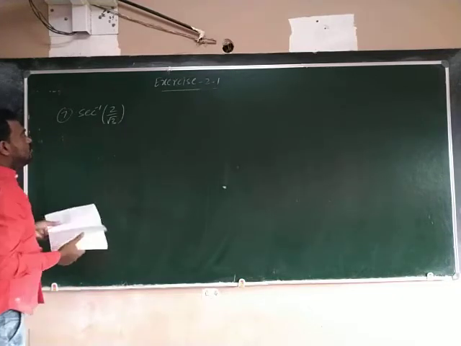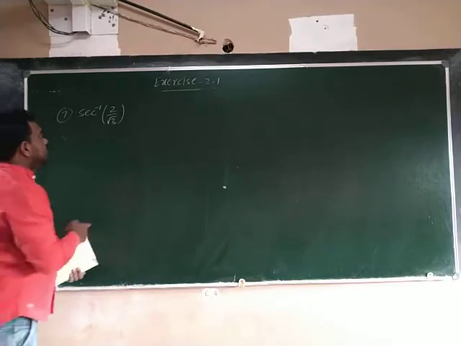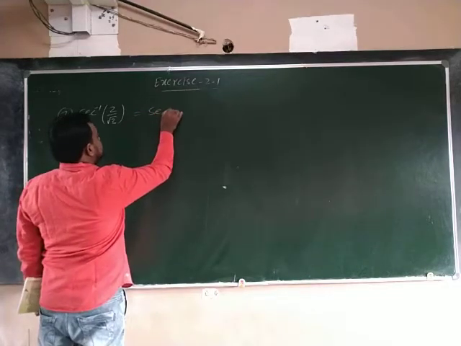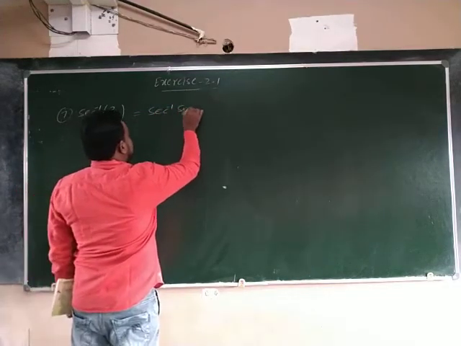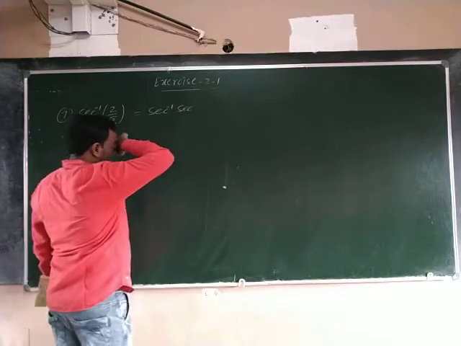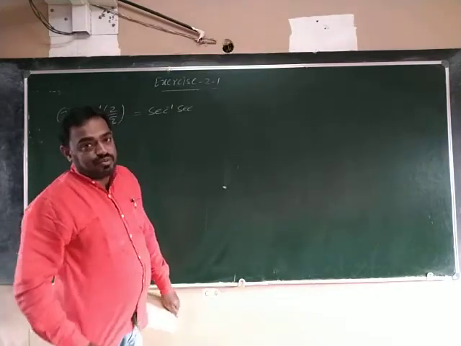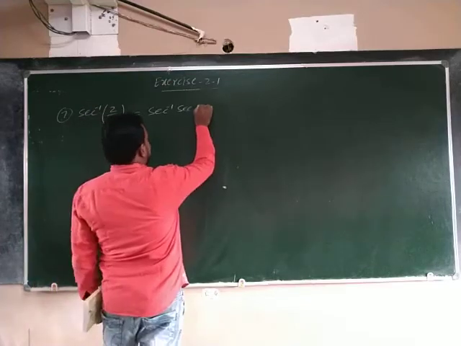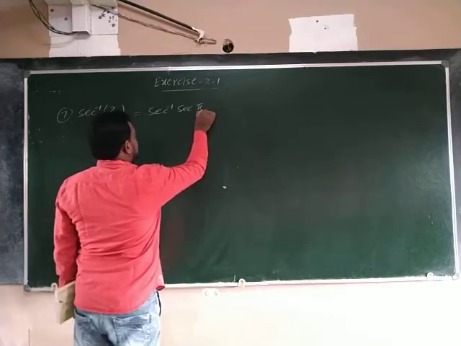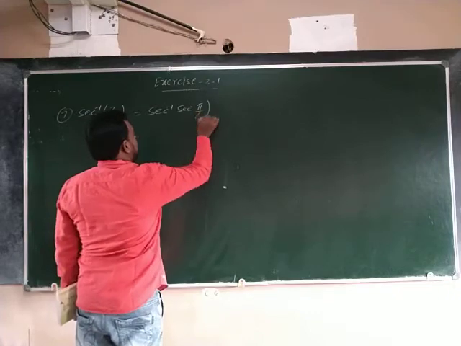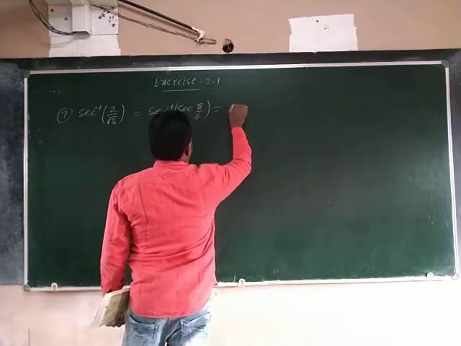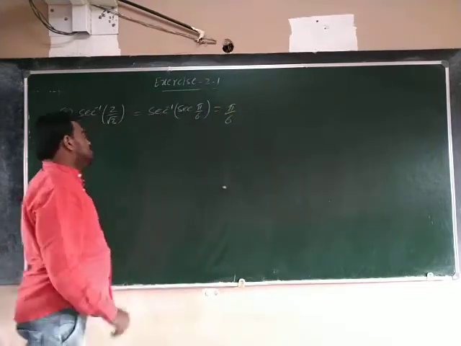How are we writing this? Secant inverse of secant of what? For which angle is the secant function 2 by root 3? This is 30 degrees, secant pi by 6. So secant inverse of secant pi by 6 is equal to pi by 6.